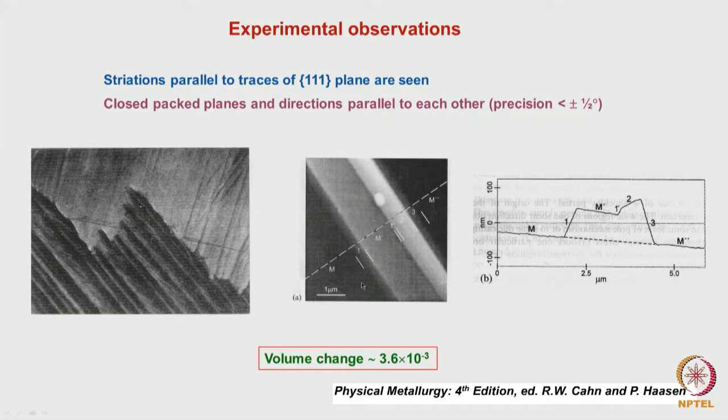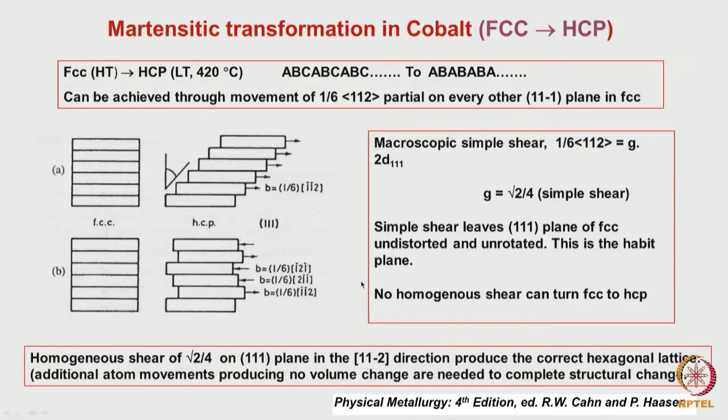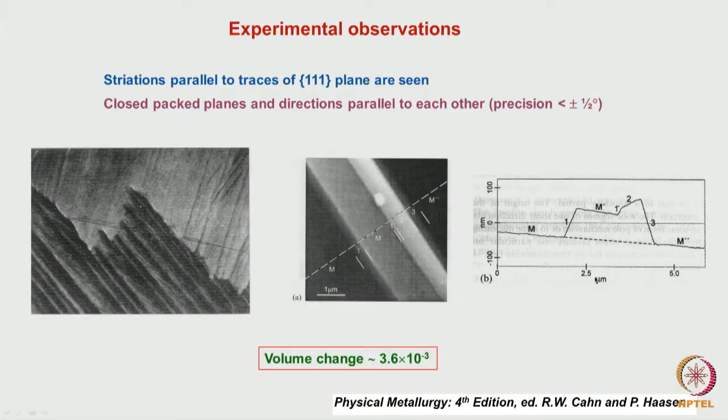If I probe across it, you find that there are some height changes, which is exactly what it is showing. Some region has shifted in one way, another region has shifted in another way. So it looks like a corrugated structure, correct?